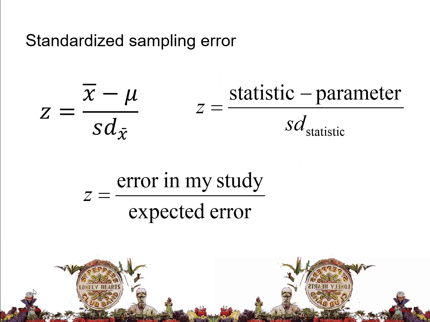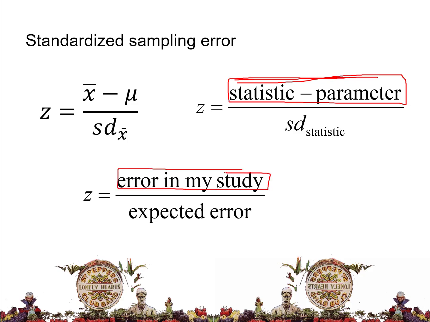Now, as we're working with this, note that this numerator, statistic minus parameter, is essentially calculating how much error was made in a study, how far a particular study deviated from the true population parameter. So statistic minus parameter is the same thing as calculating the amount of error that was made in a study.